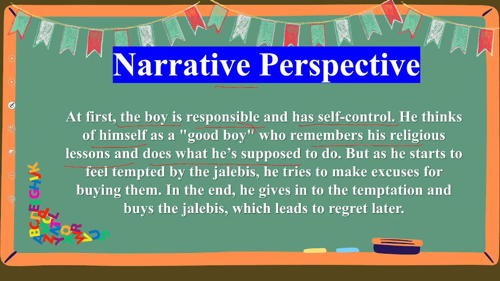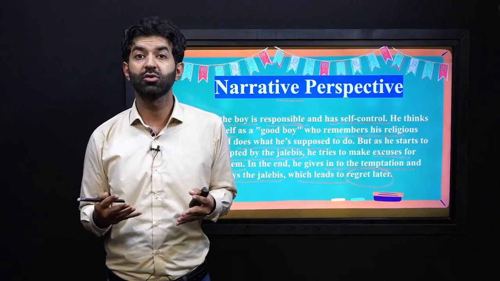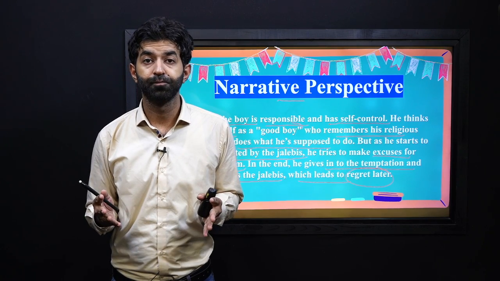But as he starts to feel tempted by the jalebis, he tries to make excuses for buying them. Like he said, I will buy the jalebis and I will pay my fee with the scholarship money that I will get. But in the end, he gives in to the temptation and buys the jalebis, which leads to regret later, and then he got disturbed. He also bunked school 2 days straight.